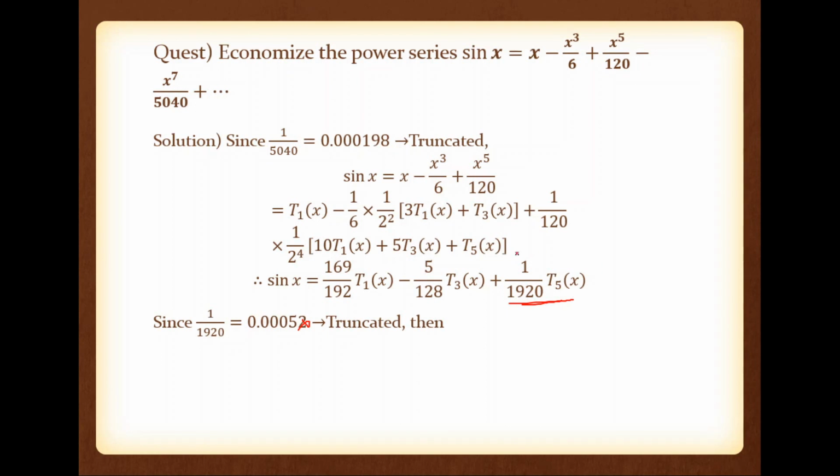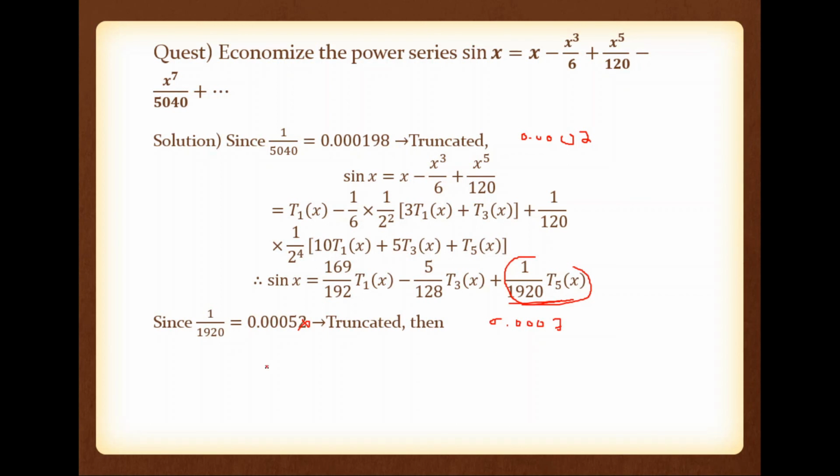Into this term, this entire term is varying from minus 0.00052 to plus 0.0005. Plus here another error, 0.0002. So if you are combining these two, the maximum error is 0.0007. If you are removing this term also.